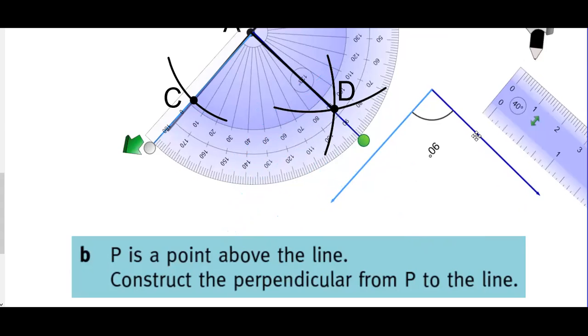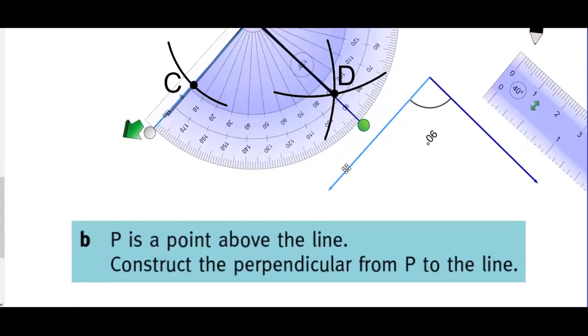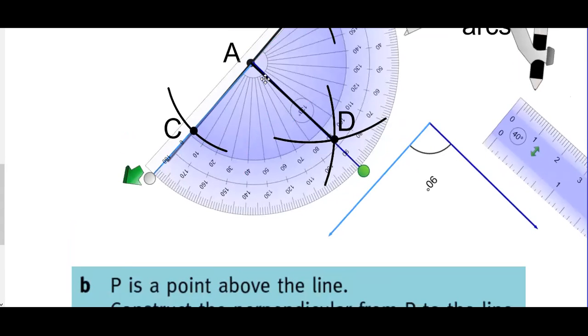And this is what it means by constructing perpendicular lines. So this line here and that line here are known as perpendicular lines. Why? Because they form 90 degrees. So the angle that we have constructed is your angle of 90 degrees, meaning that your construction is correct.